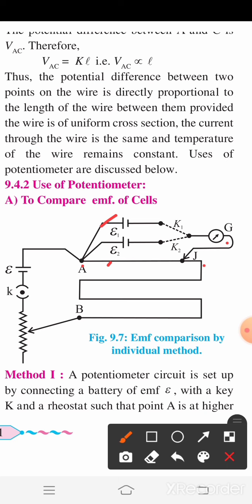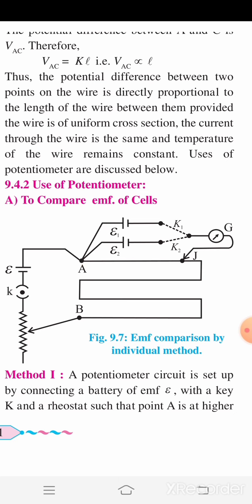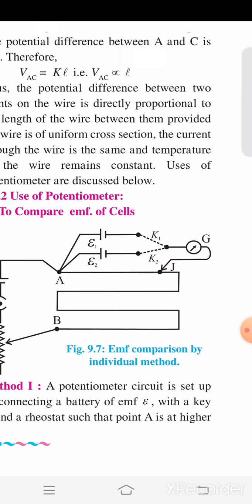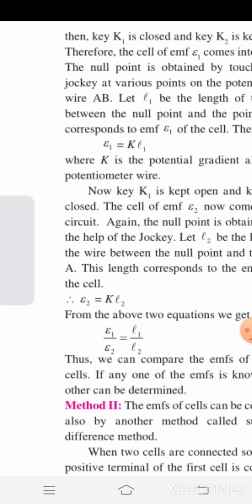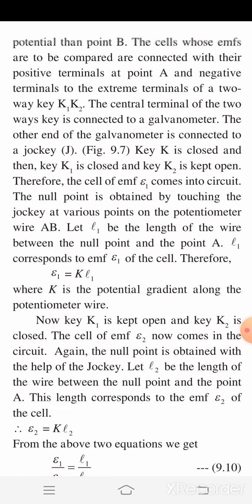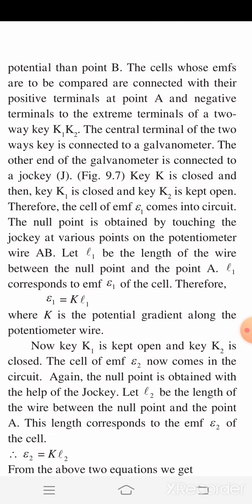In this working, first, by closing the key K, we provide a steady current to the given circuit, and we close the key K1 while K2 is kept open.